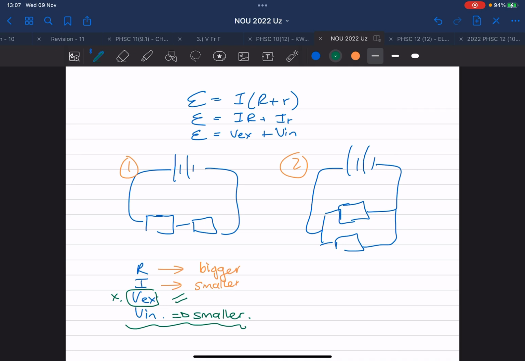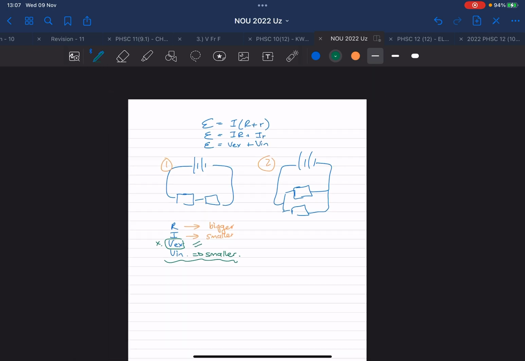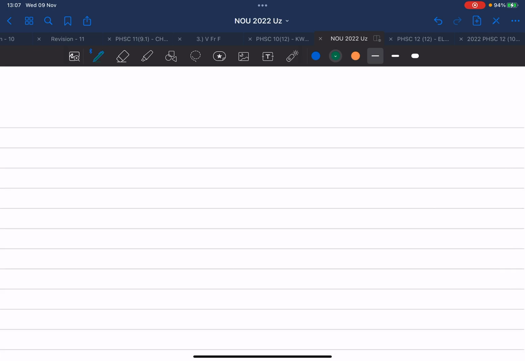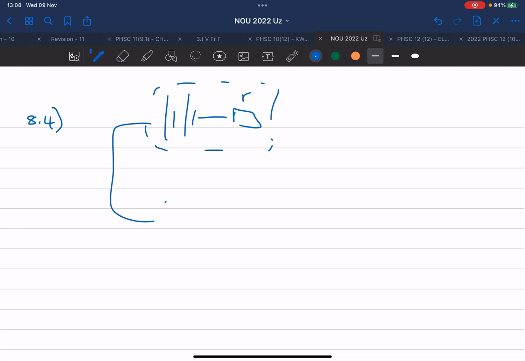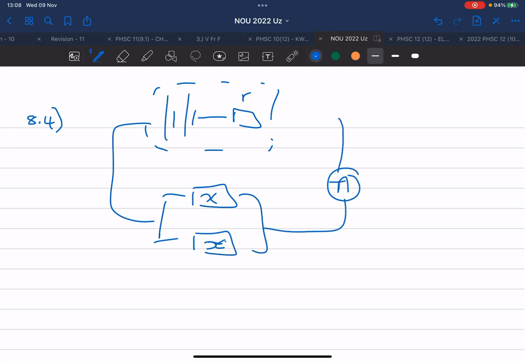Reg, ek gaan vinnig klaar maak, dan vraag 8.4, question 8.4. So vir die ammeter lesing in stroombaan 2 is dit en die interne weerstand is dit. Bereken die waarde van x. Okay, right. So, we have for the second circuit, daar's hy.